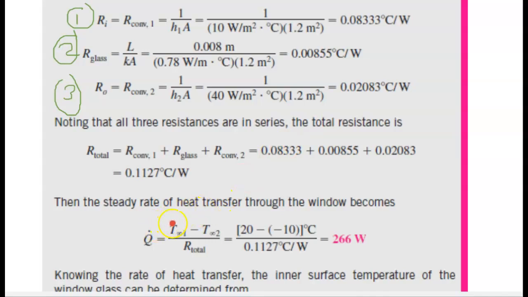the Q value. Now, because the heat rate is steady, we will use a heat transfer formula. It is T infinity 1 minus T infinity 2, where T infinity 1 was the inside temperature and T infinity 2 is the outside temperature of the surroundings.